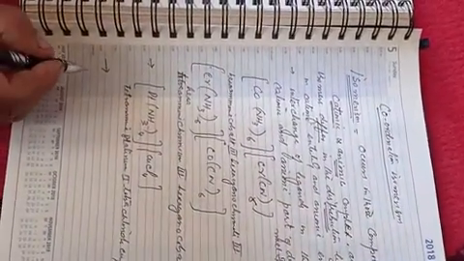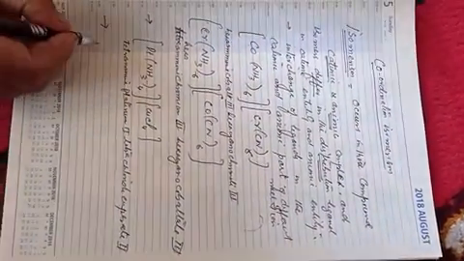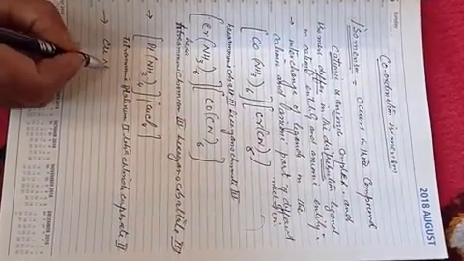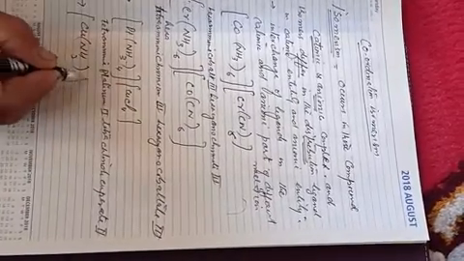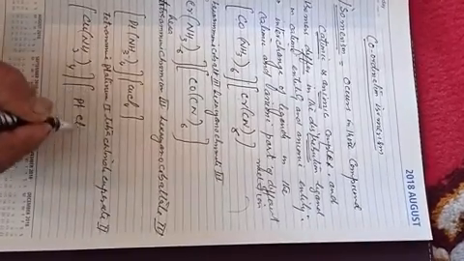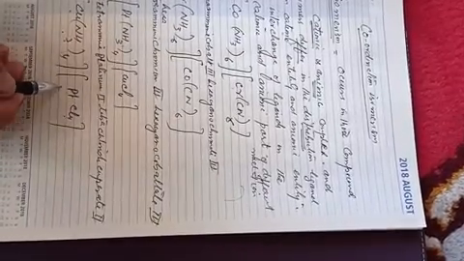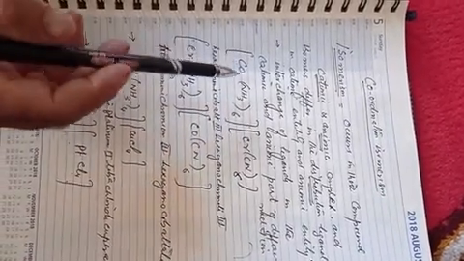Now I will write its isomer here. It is [Cu(NH3)4][PtCl4]. It is tetraamminecopper(II) and tetrachloroplatinate(II). So these are coordination isomers.